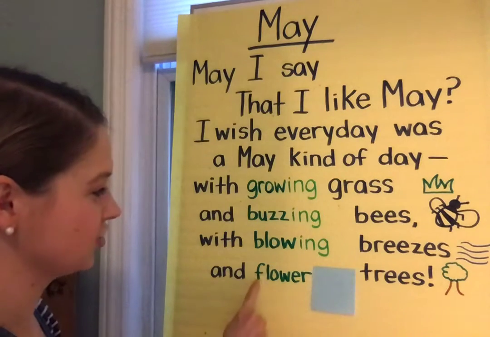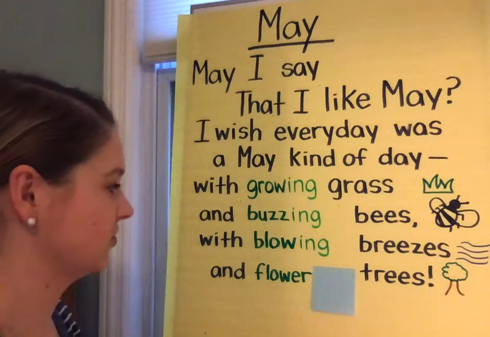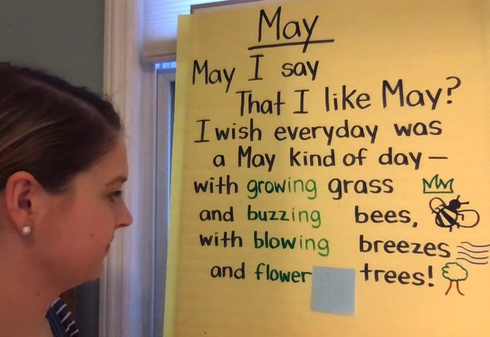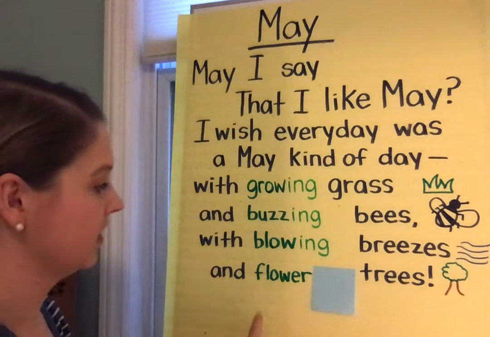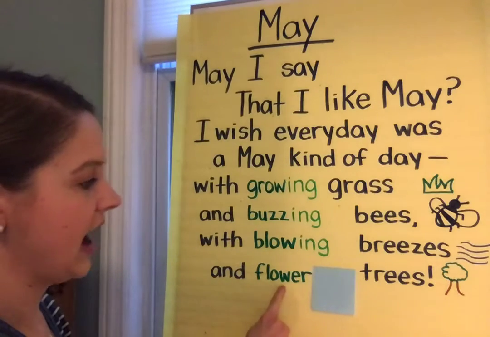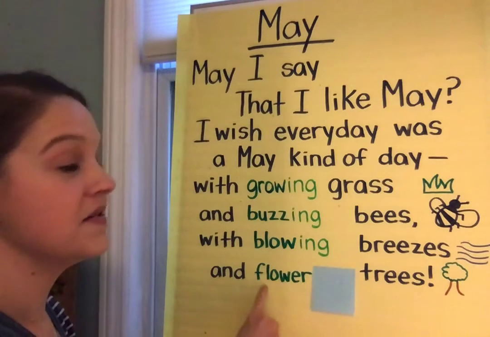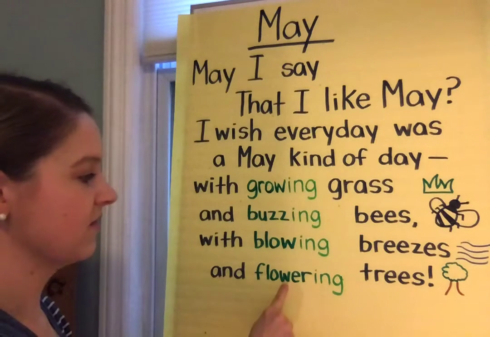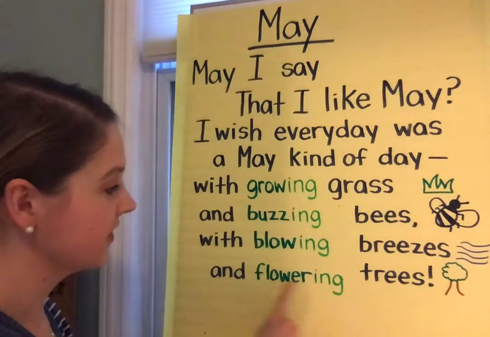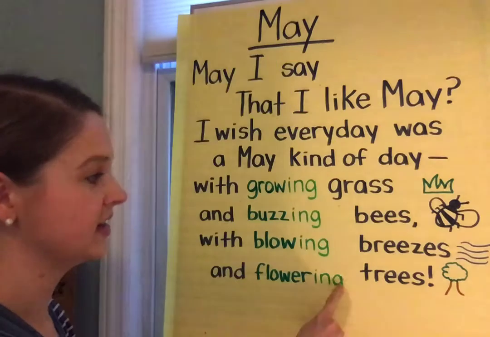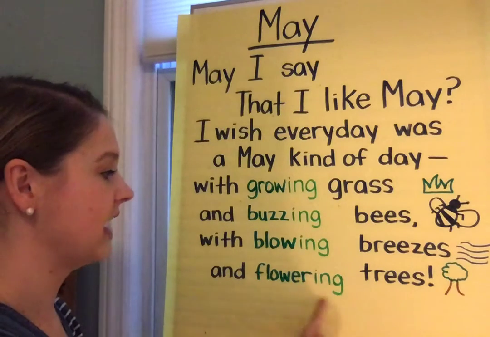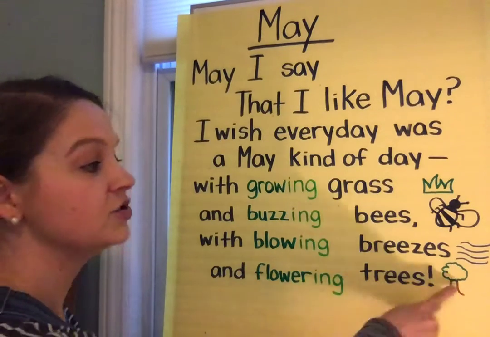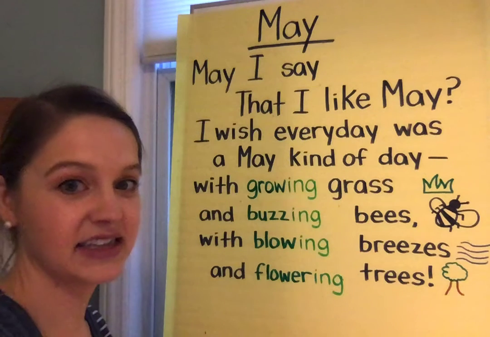Go ahead and give it a try. It is very tricky. It's our challenge word. All right, let's try it together. Ow, flower. Now let's add the ending. Flower, ing, flowering. And we're going to be talking about flowering trees in this last line.